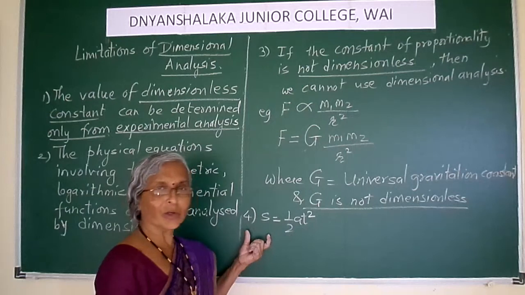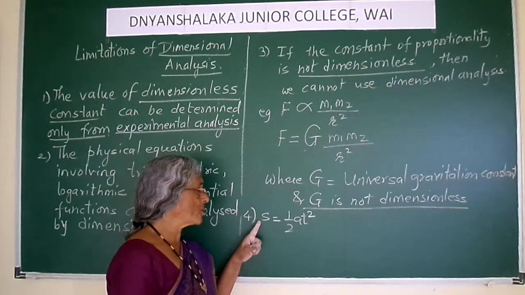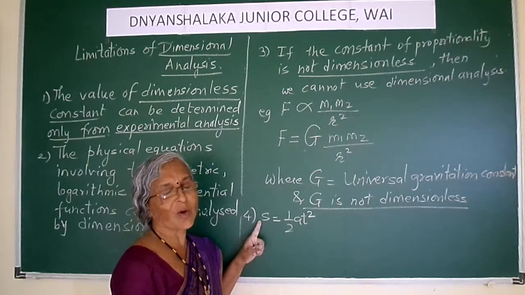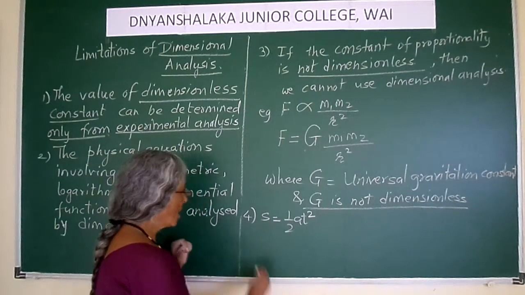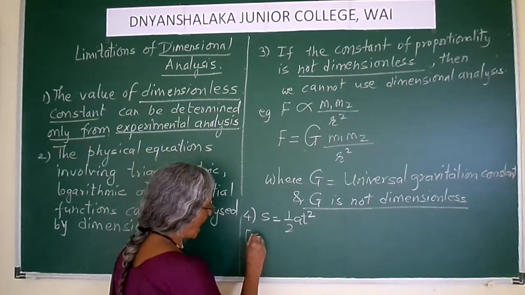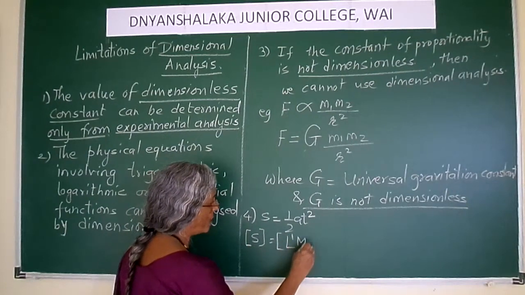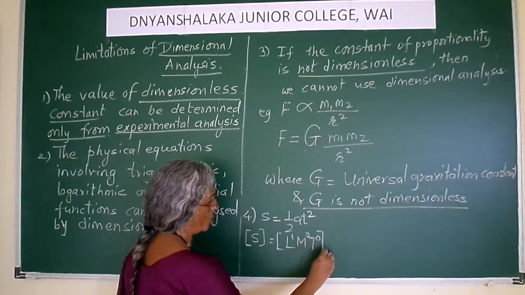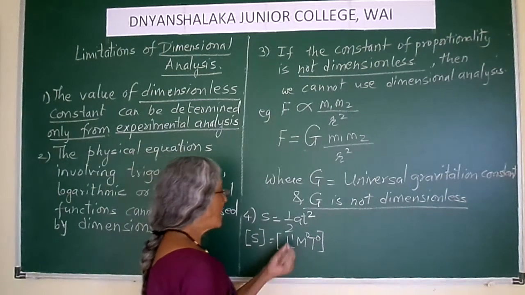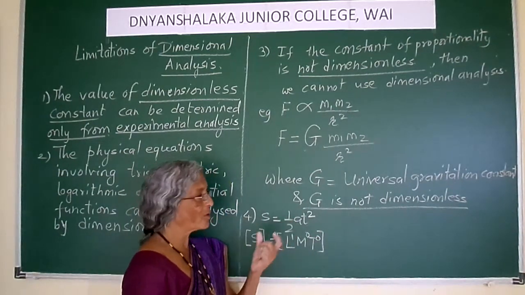Then what are you going to do? You are going to take the dimensions of S. S is what? Displacement. Okay, so what are the dimensions of S? Dimensions of S will be dimensions of displacement, L raised to 1, M raised to 0, T raised to 0. Getting it? Then half is a numerical value, so dimensionless.